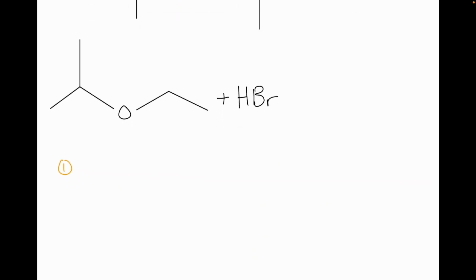The first thing we have to do is split at that oxygen and determine the substitution of the carbons on either side. So step one, I'm going to split it at that oxygen, chop. I'm going to look on either side and determine my degree of substitution here.